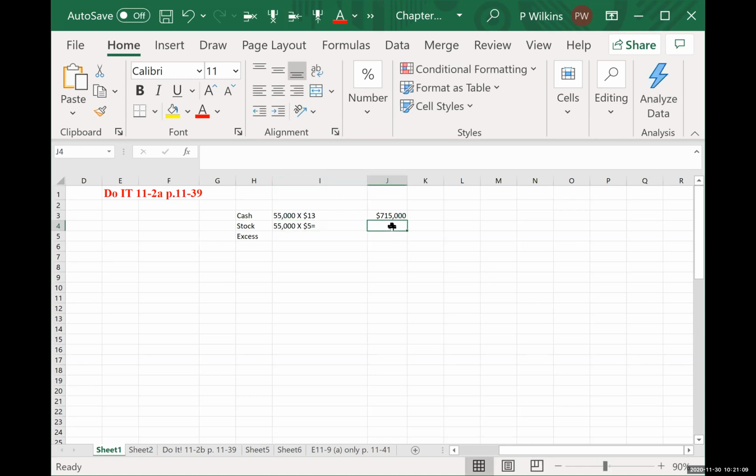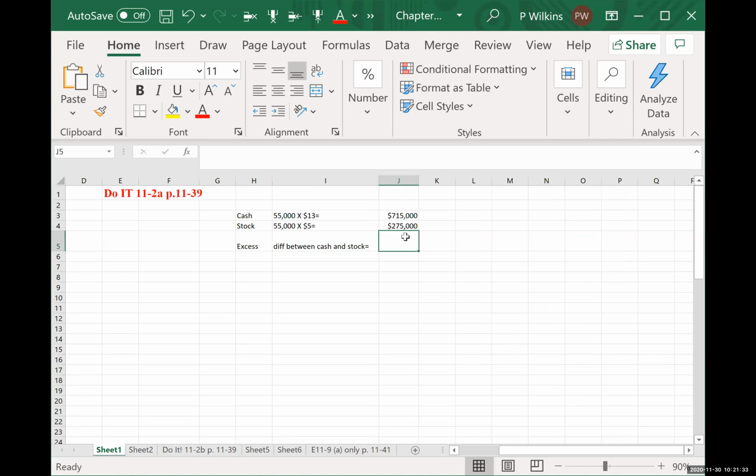And that is going to give us an amount of $275,000. And then the difference is going to be 715,000 minus 275,000. So the excess is the difference between cash and stock. So in this case, it is $440,000.